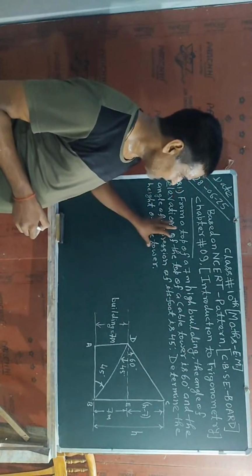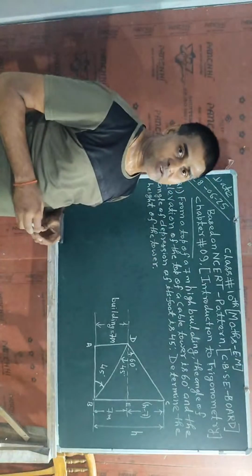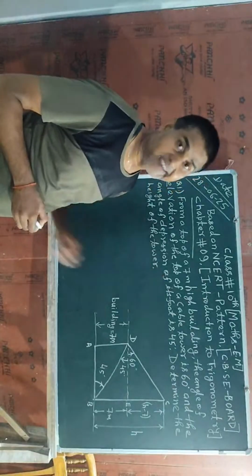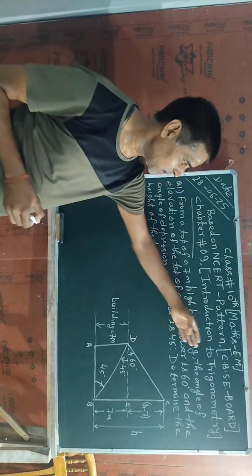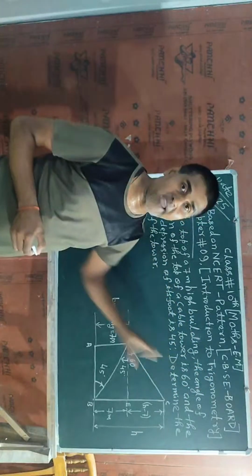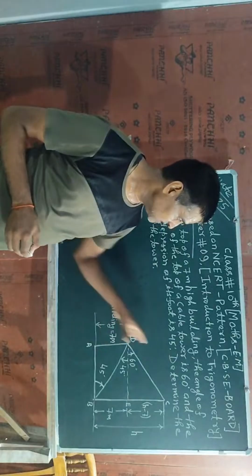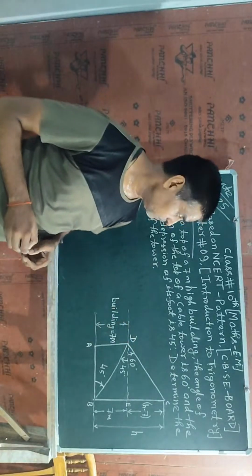Now here I have written one question, and it is related to height and distance. In height and distance I will use the concept of trigonometric ratios to find the unknown parameter available in the question.